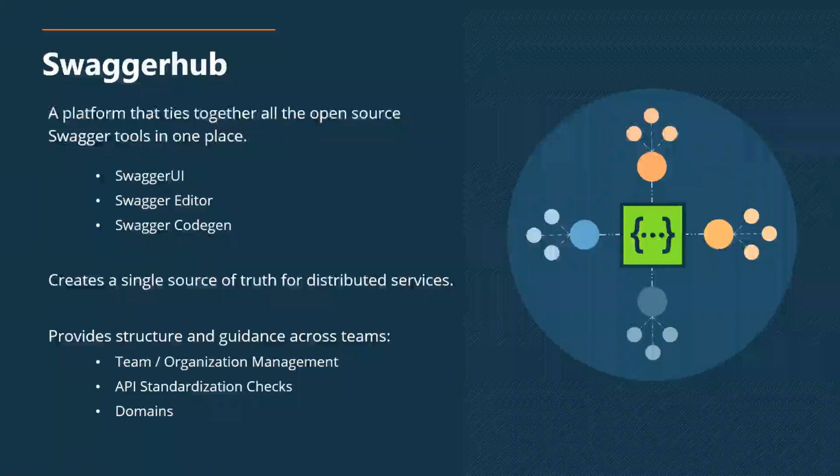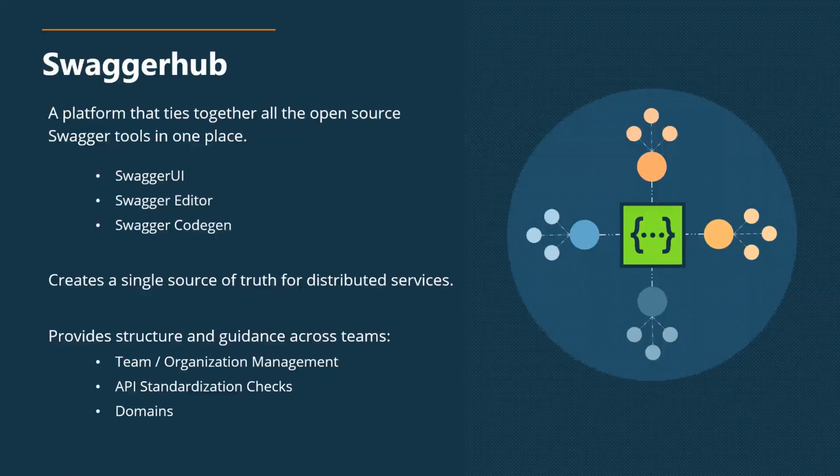Now, to address these, SwaggerHub, I suppose to take a step back, SwaggerHub is a platform that ties all of the open source tools together. People might be familiar with, or might be using, some of these open source tools. Within the open source community, we have Swagger UI, which is used to generate documentation for our API definitions.